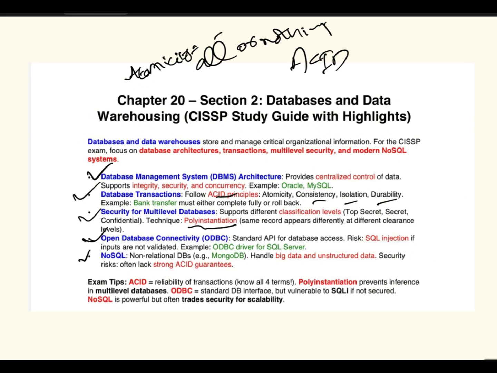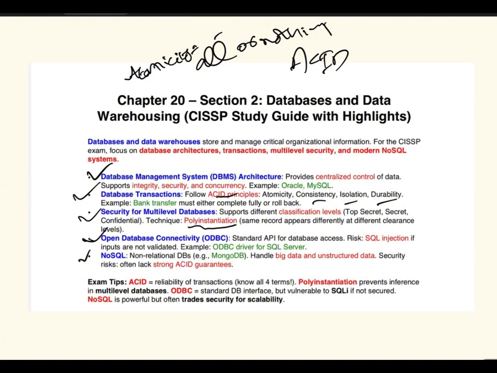Now let's quickly wrap up and summarize all the concepts we have discussed. DBMS architecture is centralized data management; Oracle and MySQL are good examples. Transaction ACID principles ensure reliable updates; a good example is a bank transfer.